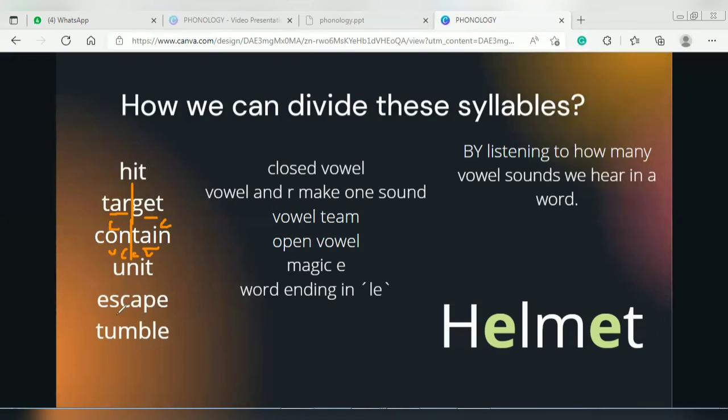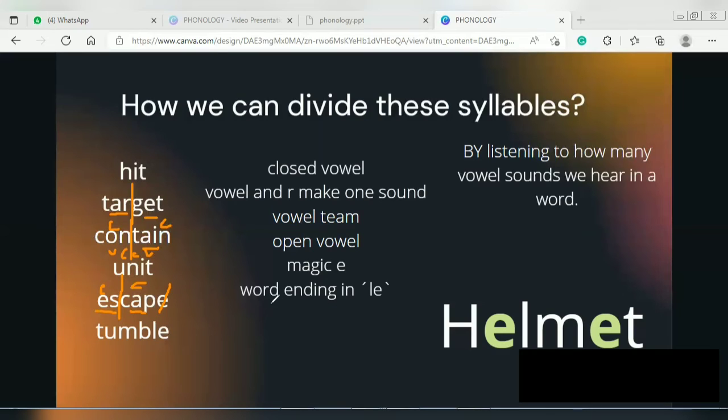And in the next one we have the magic E. We have two vowels, and this is the magic E. Why? Because in the pronunciation we don't pronounce this E. Escape, escape. So in this case we have this division. Escape, escape. This is closed too, and this is the magic E. And the last one, we have the rule for when a word ends in LE.